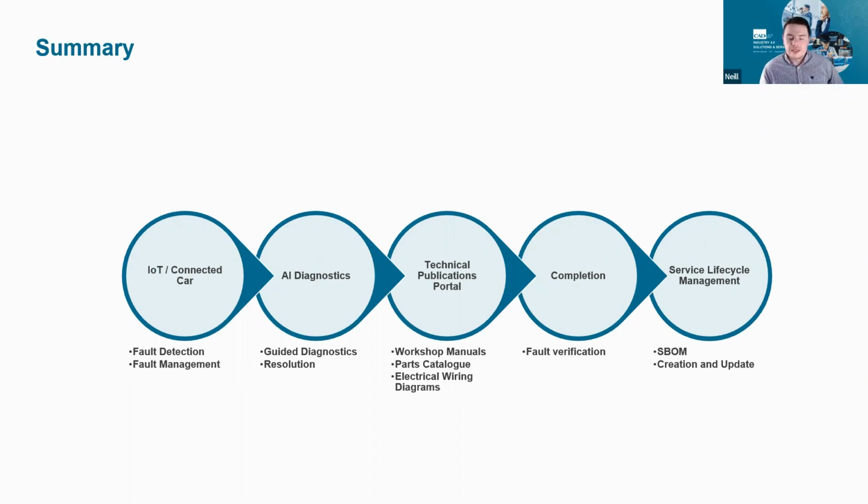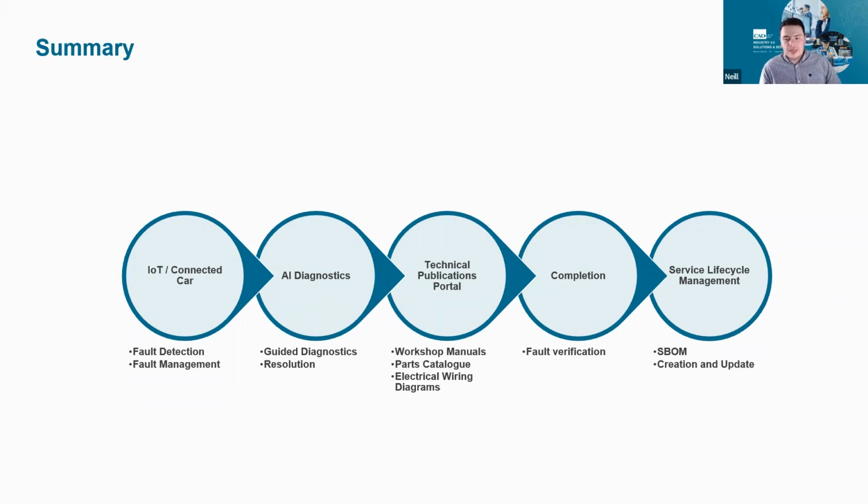They can make the change to the design, and because our publications are integrated with the CAD data, a notification comes through to the publications team, and they can simply update the procedure very quickly.